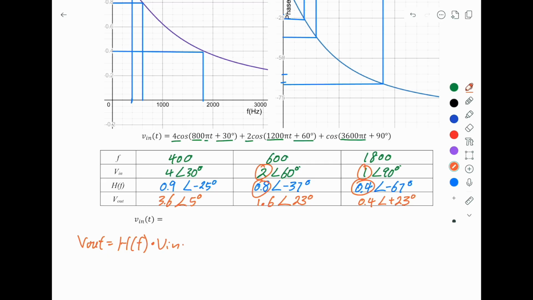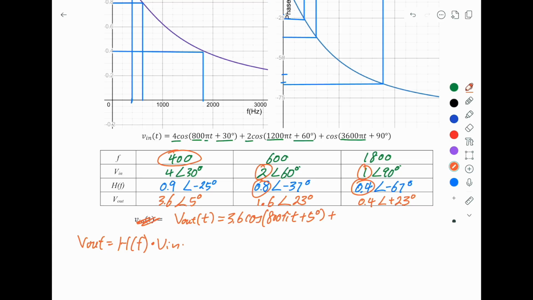So let's write down the output signal in time domain. So output, it's a function of t. The first term now becomes 3.6 cosine. Remember the frequency is 400. It means it becomes 800 pi t plus 5 degree.